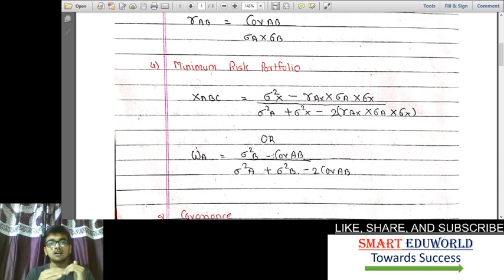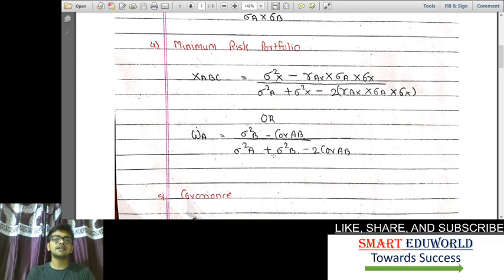So learn it like this: standard deviation square of B minus covariance AB divided by standard deviation square of A minus 2 covariance AB plus standard deviation square of B. This is like your (A minus B) square formula, A square minus 2AB plus B square. So standard deviation square A minus 2 covariance AB plus standard deviation square B.